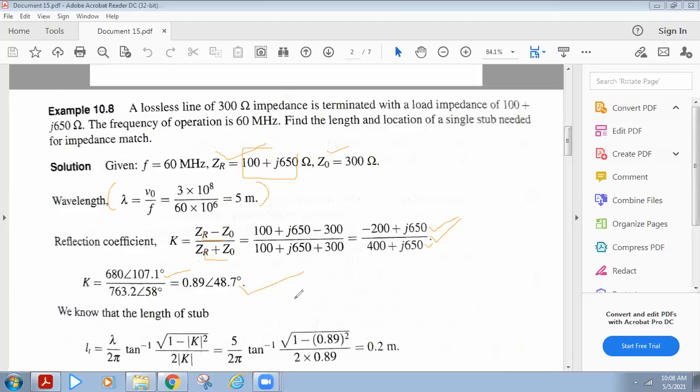What is the length of this term? This is the expression.